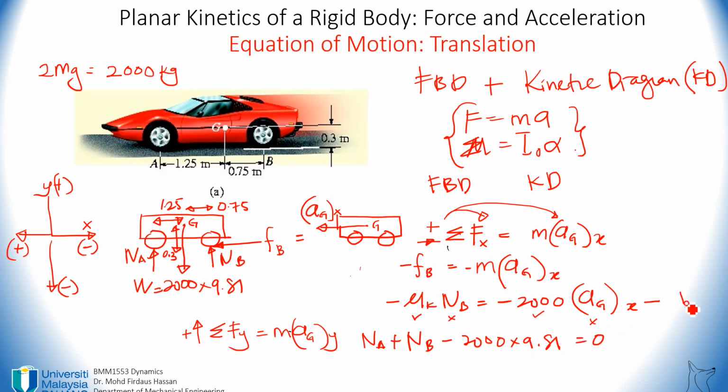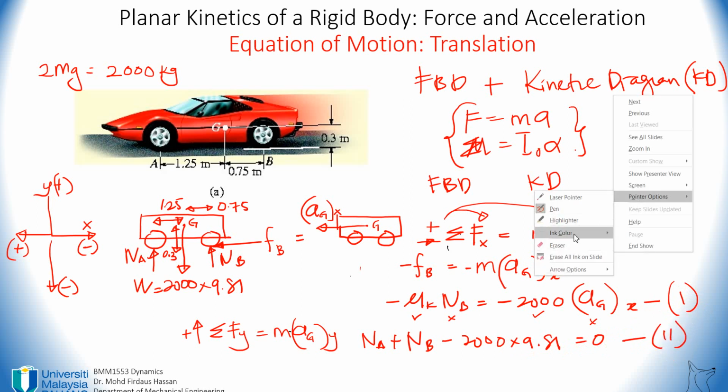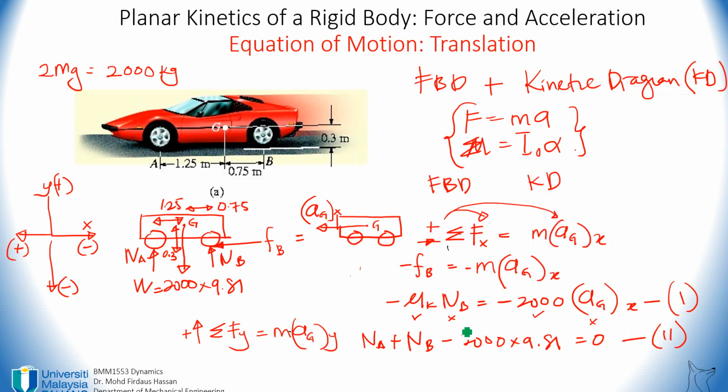So here you have two equations, 1 and 2. Do you think that you can solve this problem? Not yet, because you have three unknowns here, NA, NB, and the third one, A, but only two equations, so you cannot solve it.